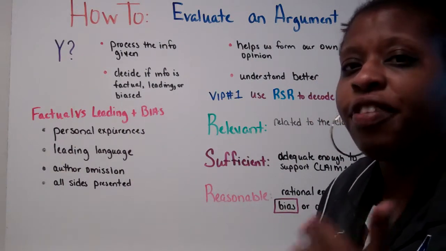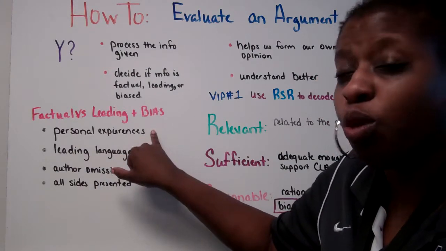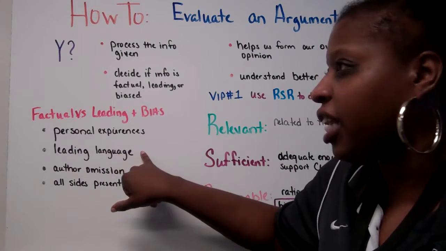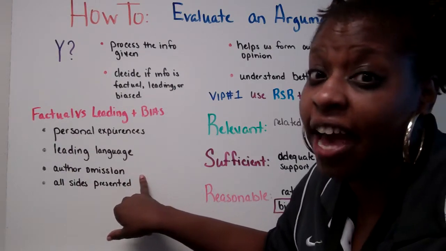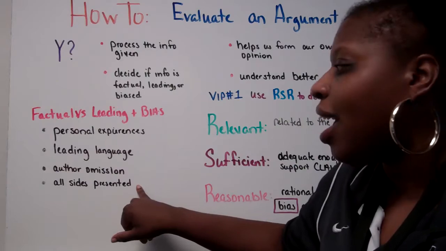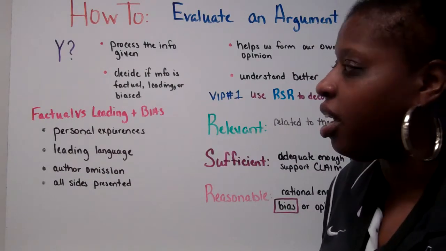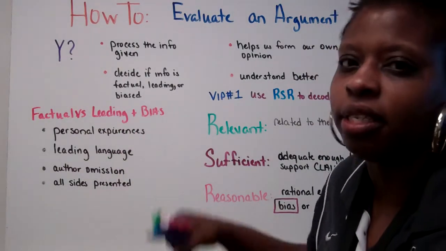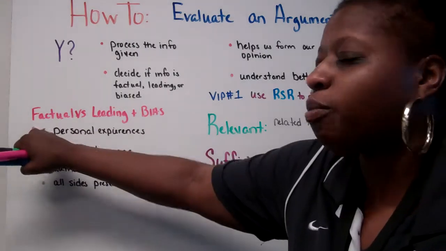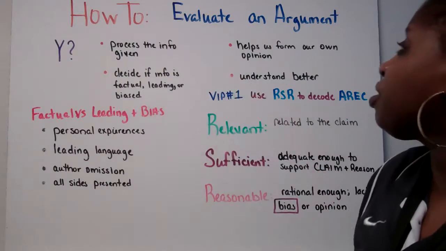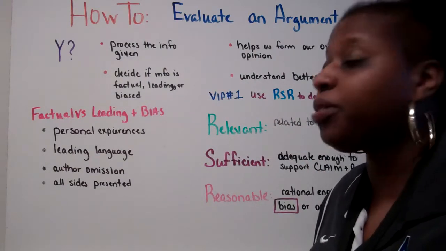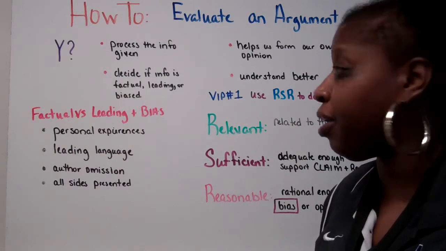So a writer that's using bias is going to use more personal experiences, and leading language like, oh, horrible, extremely. They may even omit facts from the counter side of the argument, and they don't have all sides presented. These are all leading, biased types of strategies as opposed to using factual, which is the best approach. It helps us form our own opinion, and it helps us understand and comprehend better.